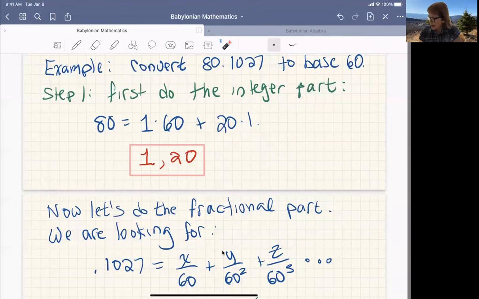So we're trying to figure out, if I'm going to write this 0.1027 as base 60, it's going to be some numerator divided by 60 plus some numerator divided by 60 squared plus some numerator divided by 60 cubed, plus I don't know how many I need to do. And so just like in base 10, decimals can potentially go on forever, that can happen in base 60 as well.